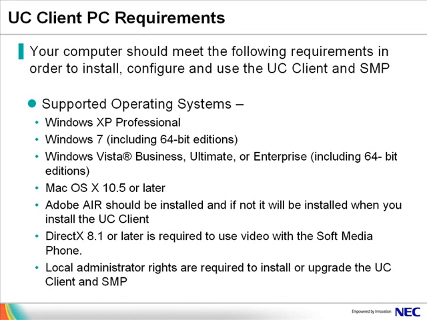In each of these instances, the Adobe Air application is required, and of course when you're installing the UC client, if your system doesn't have the Adobe Air application, you'll be prompted to install it, and it'll install it as part of the UC client installation.